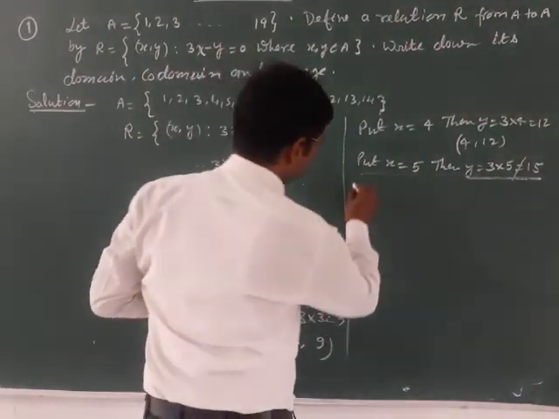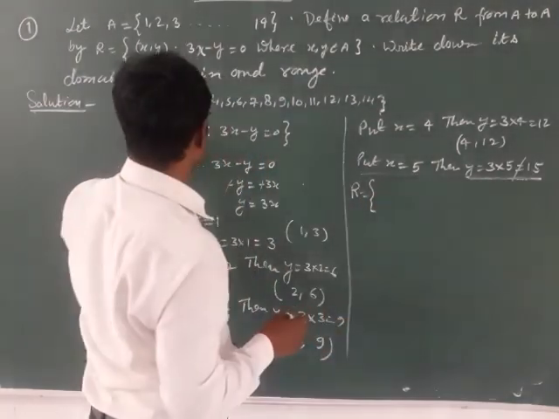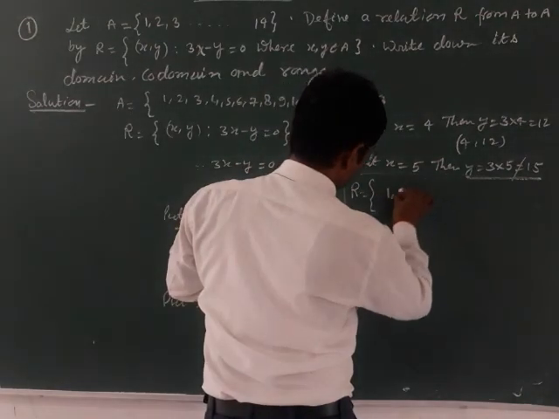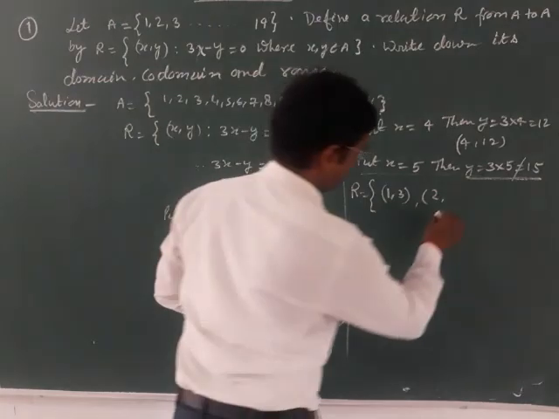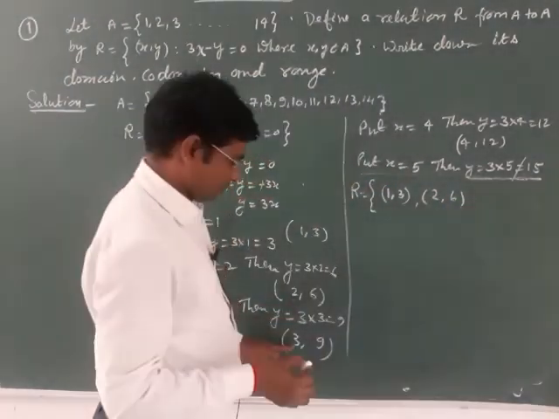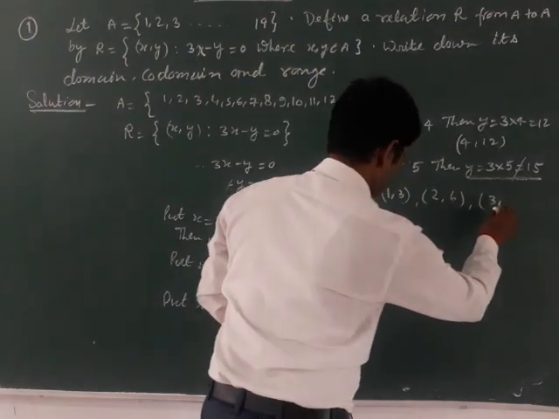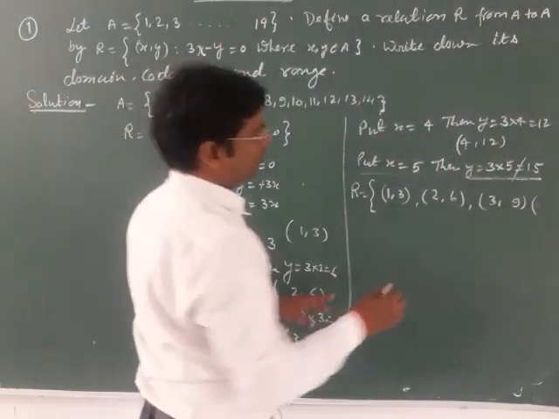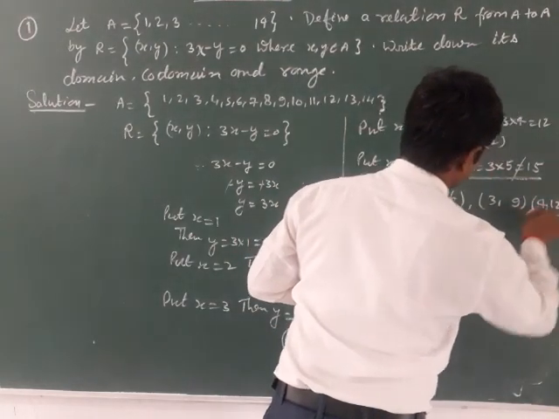So now R is equal to the set of (x, y): ordered pairs (1, 3), (2, 6), (3, 9) and (4, 12).